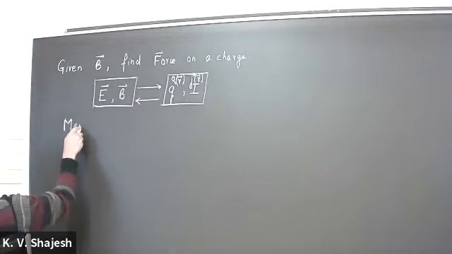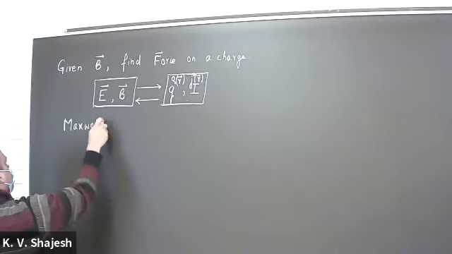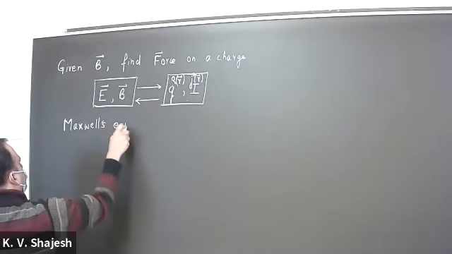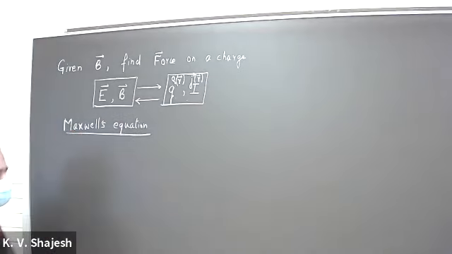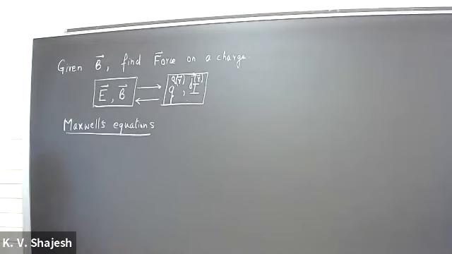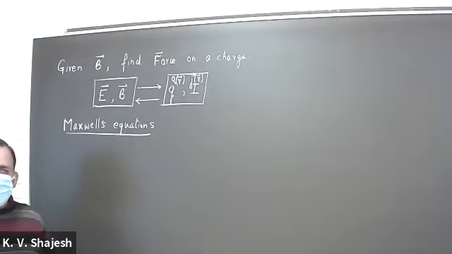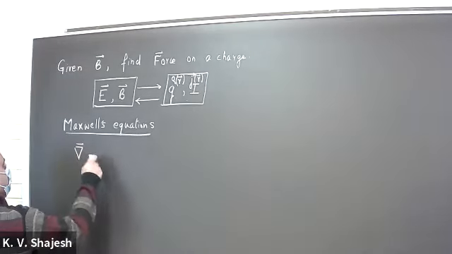Maxwell's equations. Four of them. So there are four Maxwell's equations. Do you guys remember it? Divergence of E equals rho over epsilon naught.